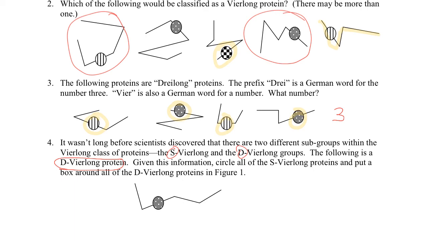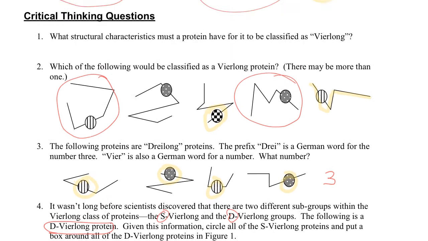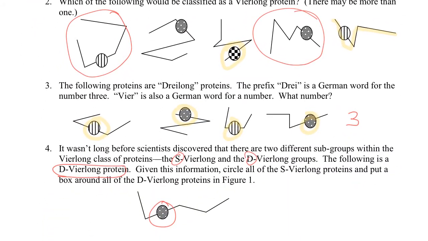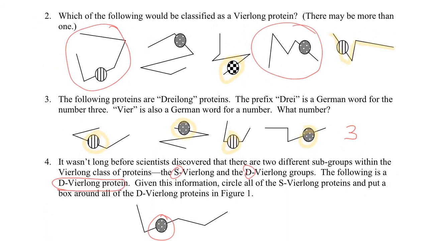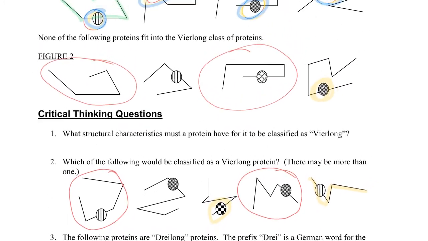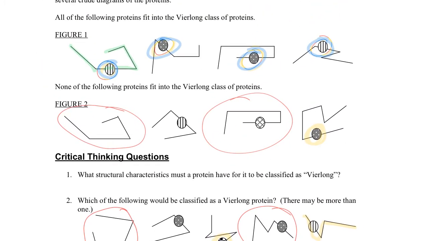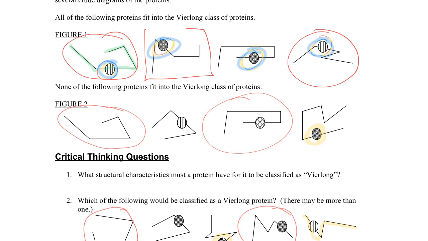Okay, so here's a D Vierlong protein. D stands for dots, and the S stands for stripes. So we can go back up, and what did it say? It said to circle the S and box the D. So we can circle and box.